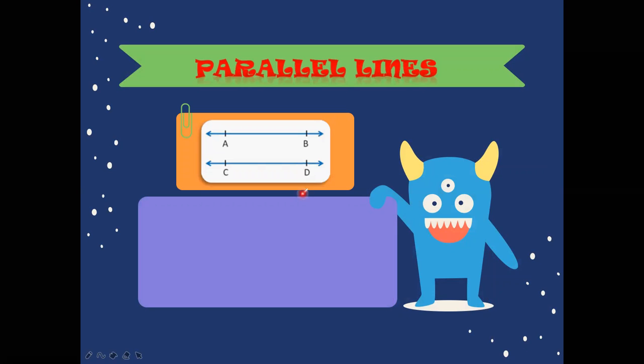So what is the definition of parallel lines? Coplanar lines. Now what does coplanar mean? Coplanar lines are those lines which lie on a single plane. Just suppose, as you can see here, this is a box, and inside this box these two lines lie. So we say that these lines are coplanar lines.